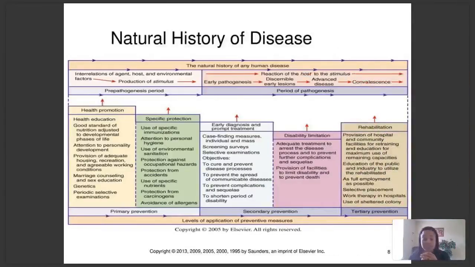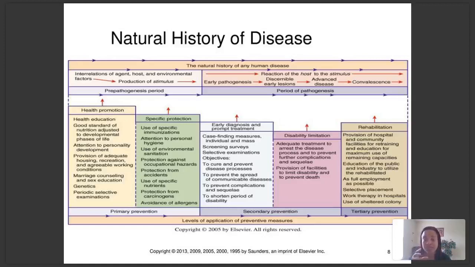So when you look at this busy slide on the natural history of disease, you see a lot of things going on up in here right now. So when we're looking over the course of the history of human disease, one of the things you'll see towards your upper left corner, underneath that first line, is some of the interrelations of the agent, the host, and environmental factors.